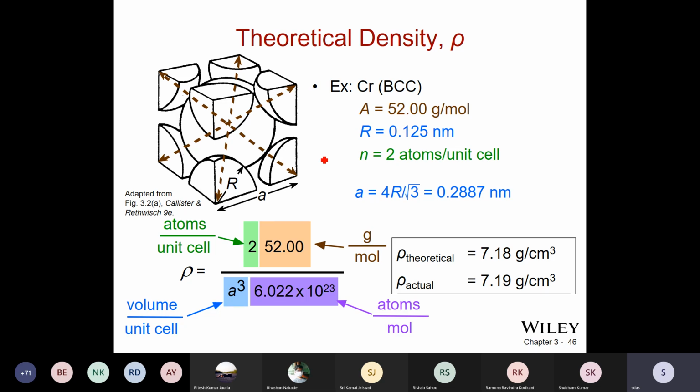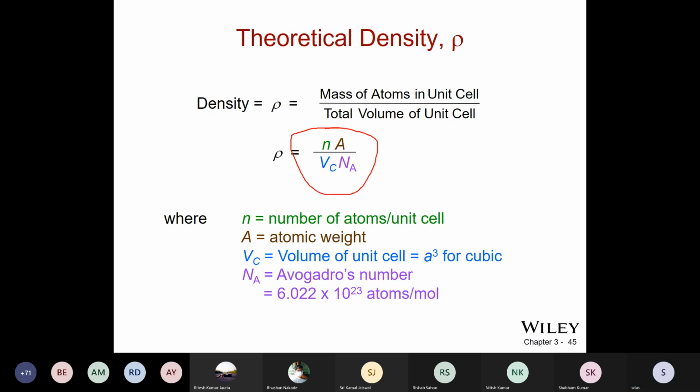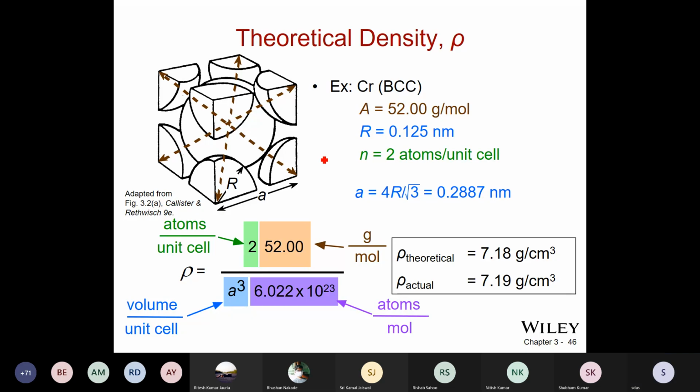So for example, if we take the case of chromium, which is body-centered cubic, the number of atoms per unit cell is 2, atomic weight 52, if we assume gram per mole.